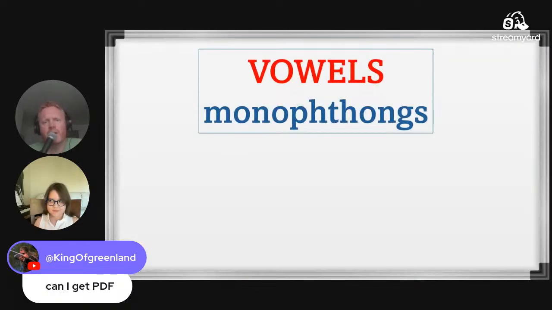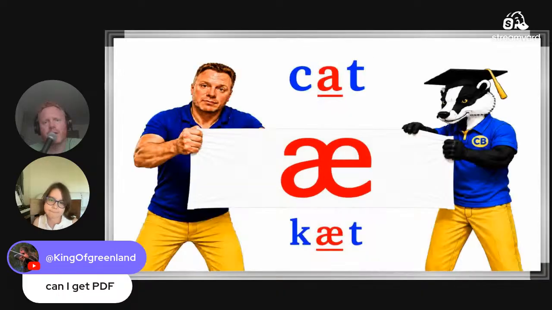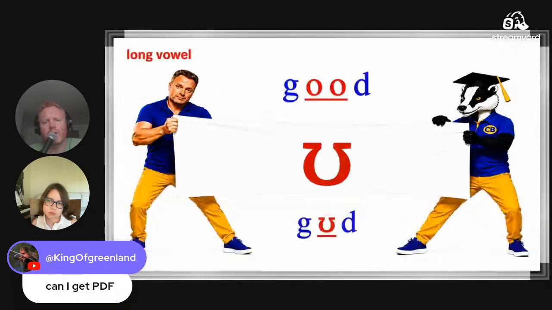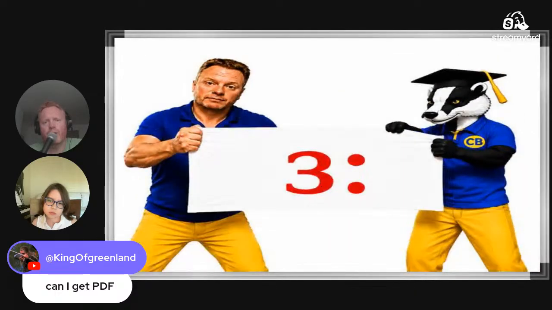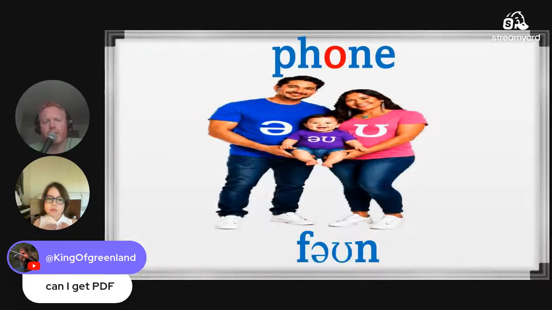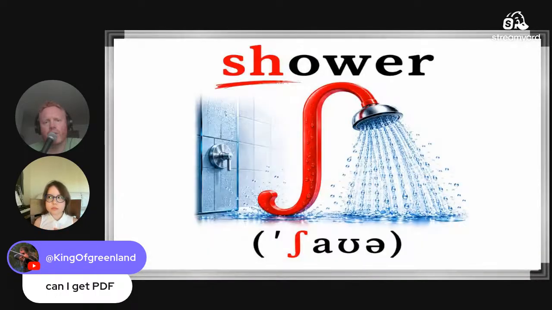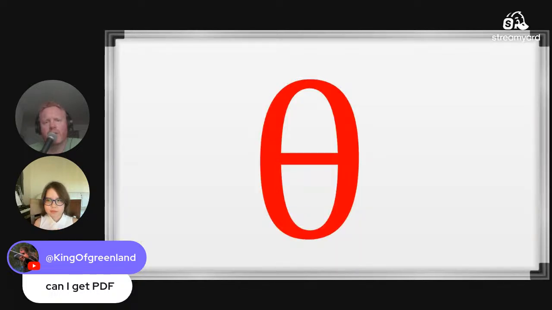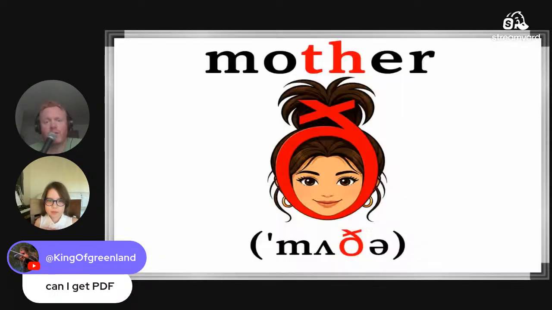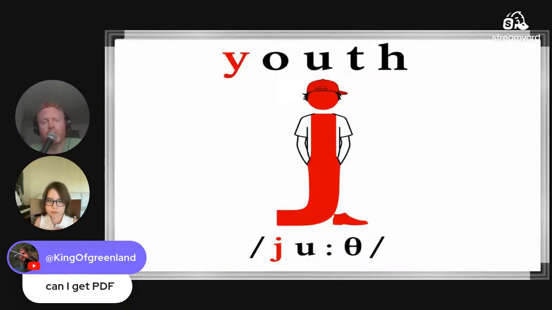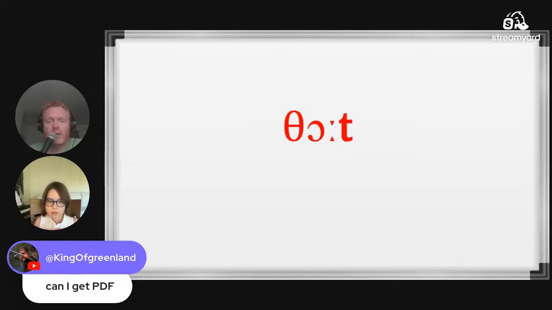Yeah, so we did vowels, monophthongs, and then we did diphthongs. That's the mixed vowels. Then we went on to consonants. We did the easy consonants, which are the same as the English letters. Then we did the weird ones, like this one, sh, and this one, zh, and this one, th. The nightmare for many students of English. And then when we finished phonetics, after a test, we went on to stress.